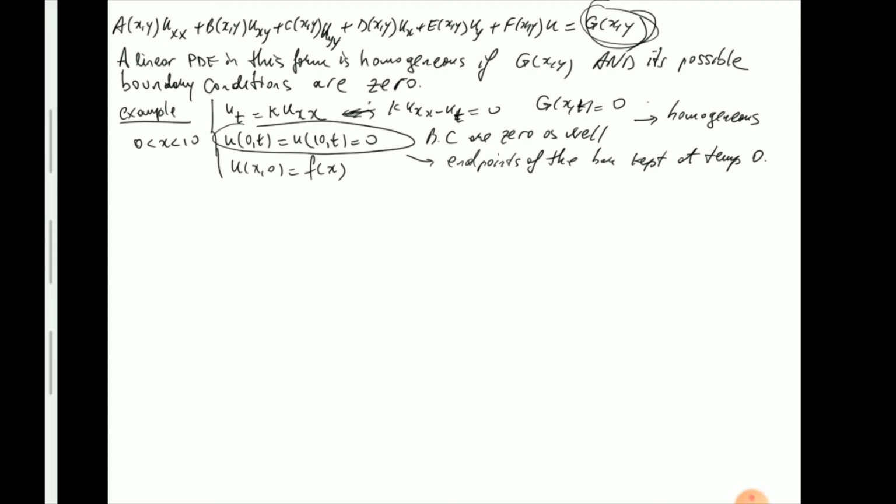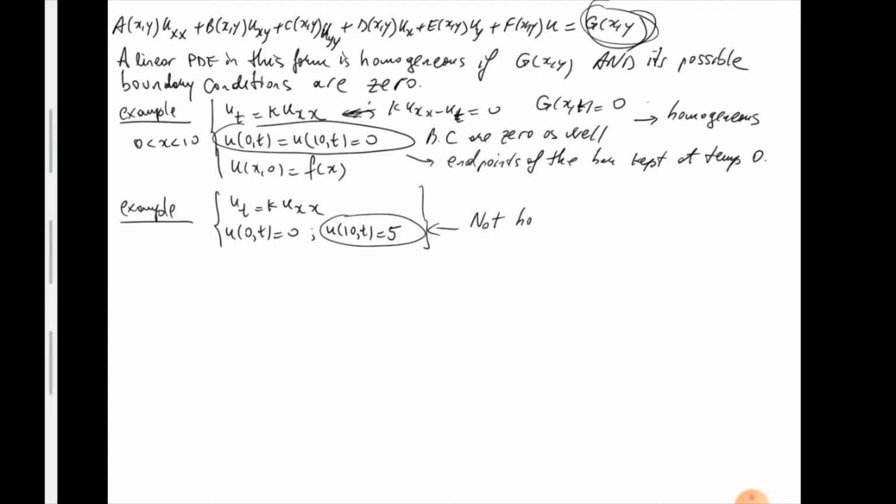Here's another example. Let's say you have a heat equation in which you have u_t equals k u_xx. And let's say the left endpoint is kept at 0 temperature, but the right endpoint is kept at 5 degrees. Because of this condition, the entire boundary value problem is not homogeneous.